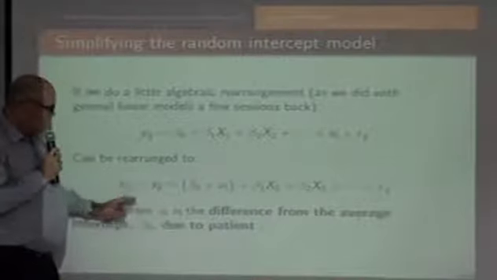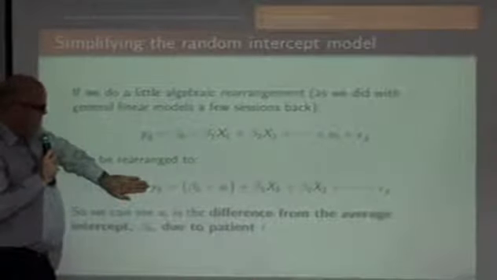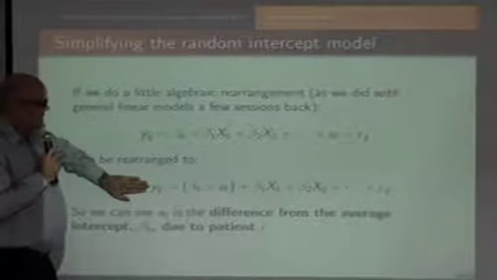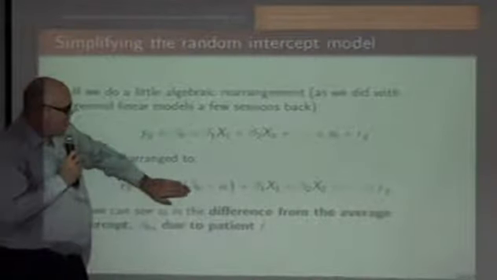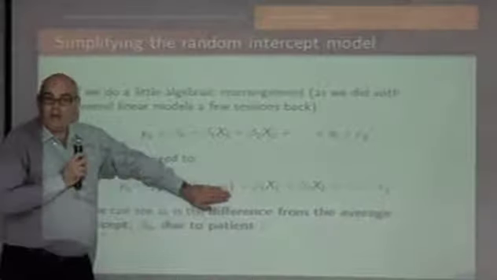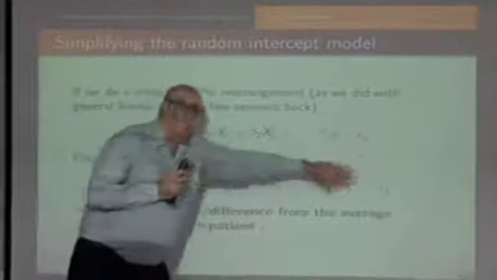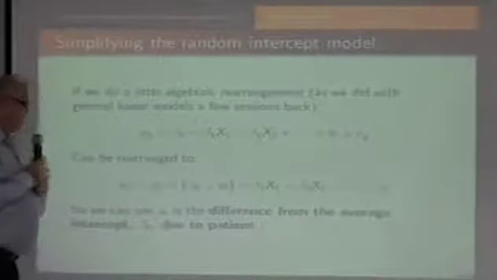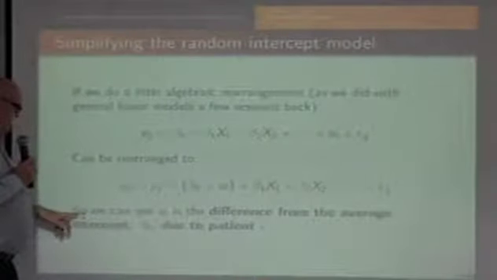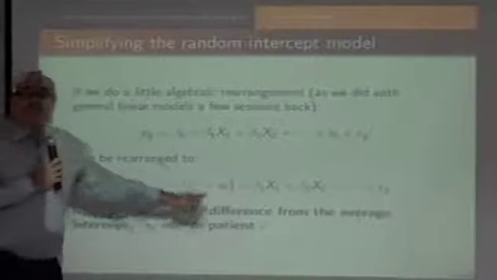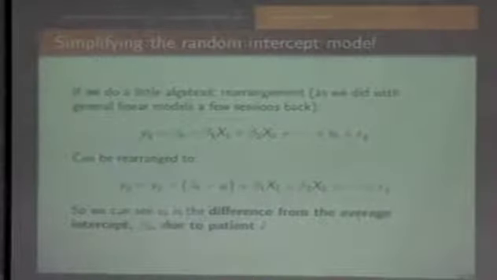So subject i has the intercept of beta 0 plus u_i, plus the standard fixed effects, where u_i is the difference from the average intercept, beta 0, due to being subject i. In other words, some people are higher at baseline, some people are lower at baseline, and that should be a normal distribution around beta 0.